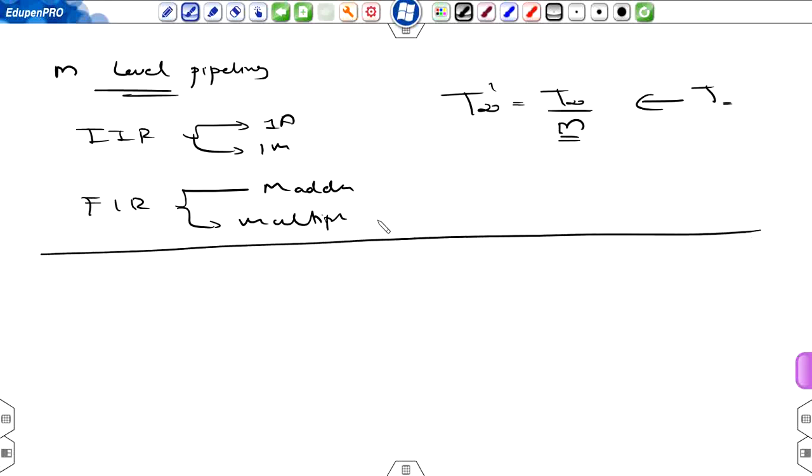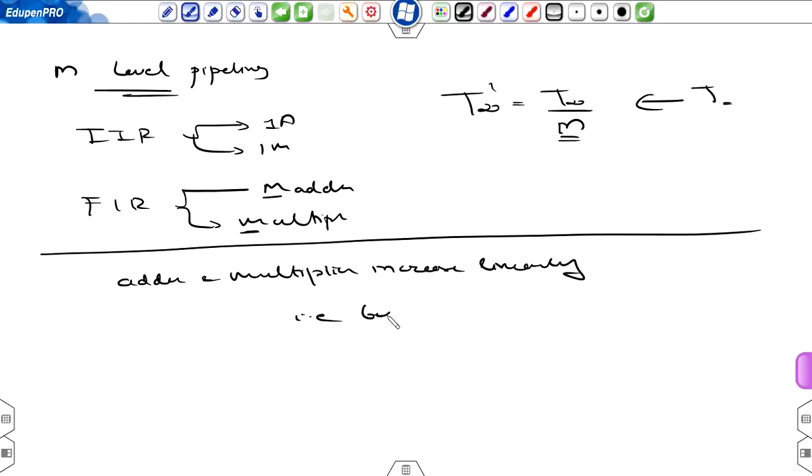So you can see that there is a linear increase in hardware, adder and multiplier increases linearly, that is by m, by applying m level of pipelining. And this is in FIR part. In IIR part, no change.